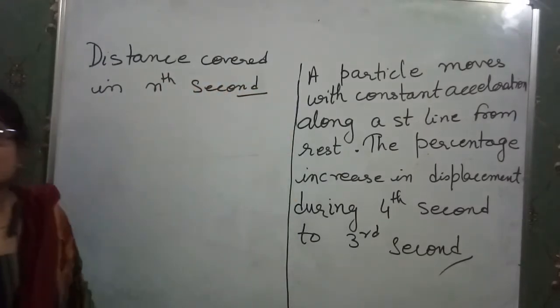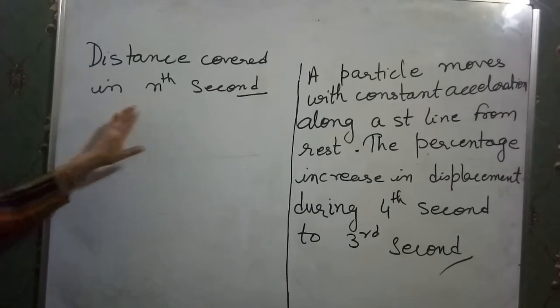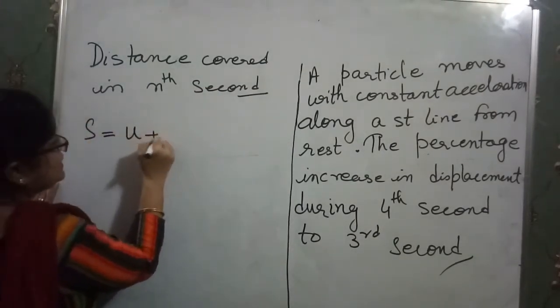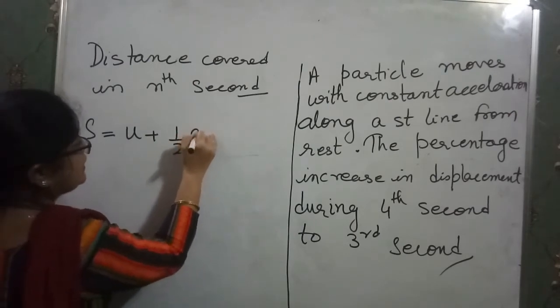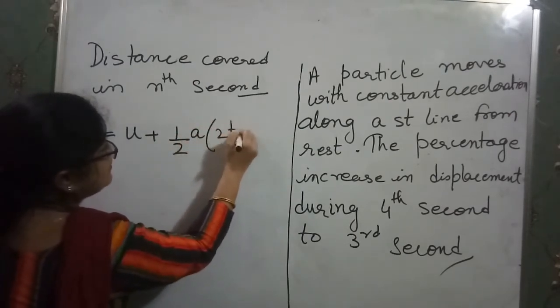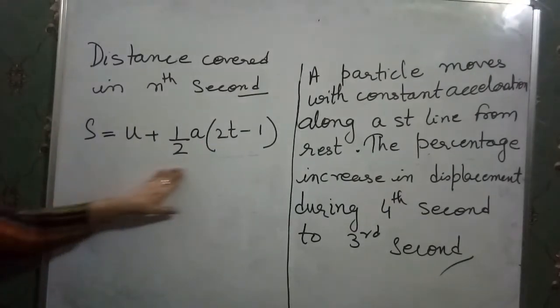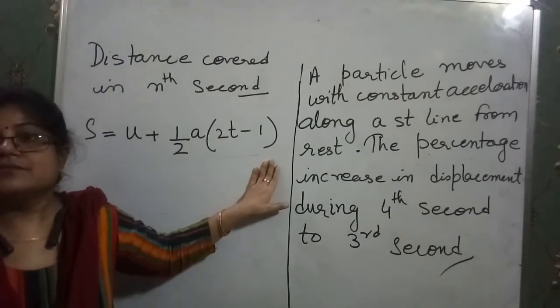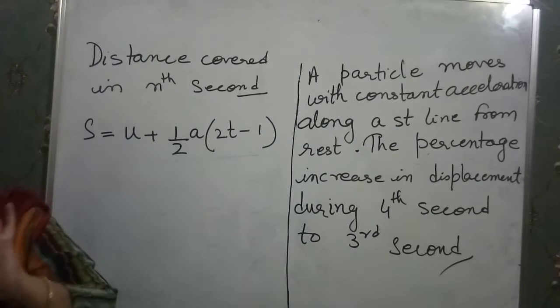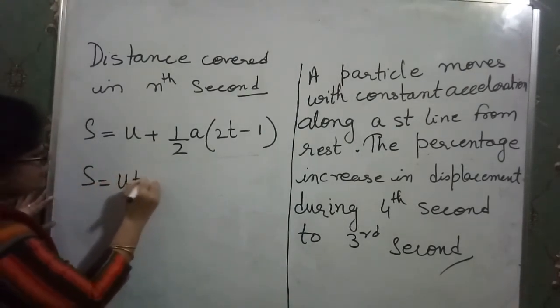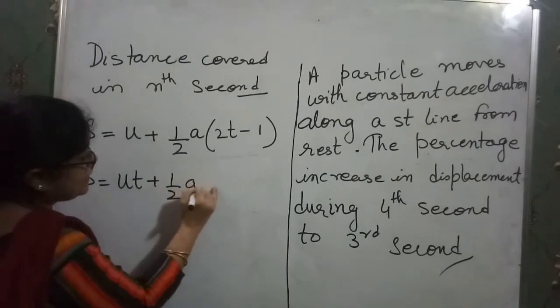Firstly, for that, remember the formula. S is equal to u plus half a into 2t minus 1. Clear? How will you remember this formula? Generally, we forget this formula. We always remember the formula ut plus half at square.